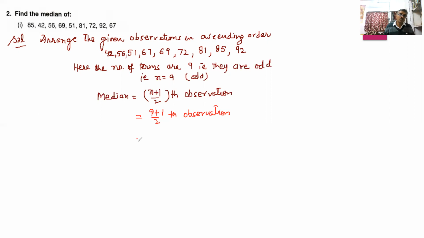Nine plus 1 means 10 by 2th observation. 10 को 2 से डिवाइड करो कितना आ जाएगा जी? 10 को 2 से 5. Therefore, 5th observation.